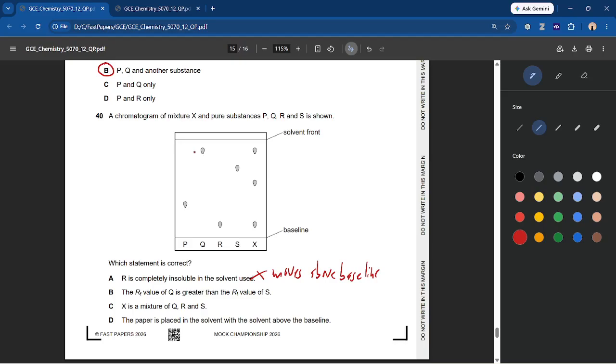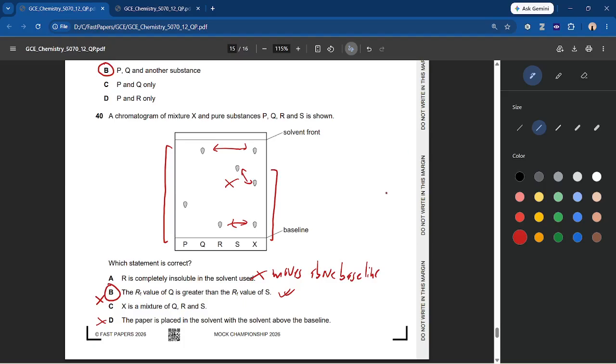Because the height measured for Q is more than the height of R, this could be correct. X is a mixture of Q, R, and S. So that's R, that's Q, but it's not matching with S, so it's not going to be this either. For the solvent above the baseline, that's never true, so your answer is going to be B.